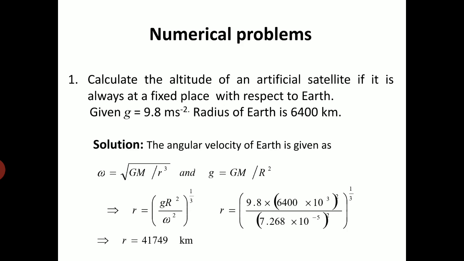Substitute all these three values and calculate. We get the R value, that is the altitude of the artificial satellite, which is at a height of 41,749 kilometer.